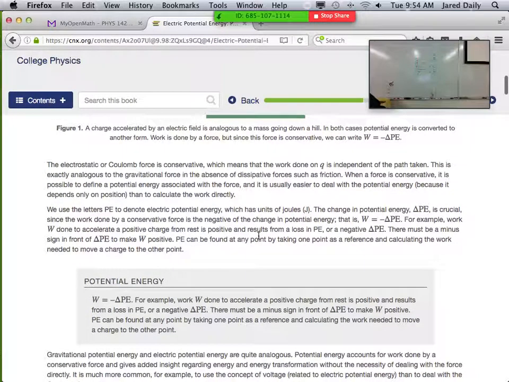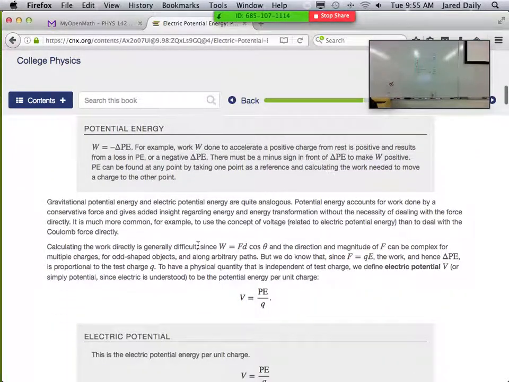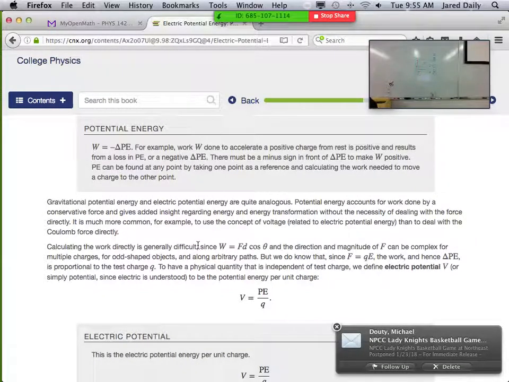And if you assume that it's infinitely far away that you need to go to get away from this field, so that you've achieved your maximum potential and that field is now zero and you've taken all the energy that you can from it, then you can calculate the work that was required to get you to where you were. And how can you do that? Well, there is some calculus where you can do that, but you can also do it by considering where you are to be the highest point of the field and where you're going to be zero field, and calculating the energy difference that you would get.